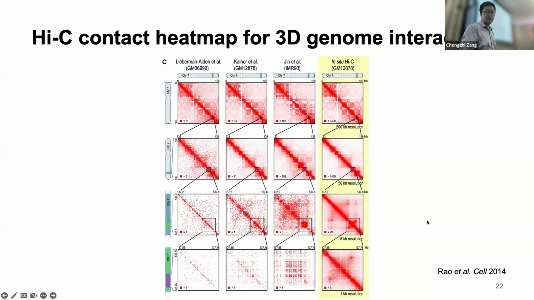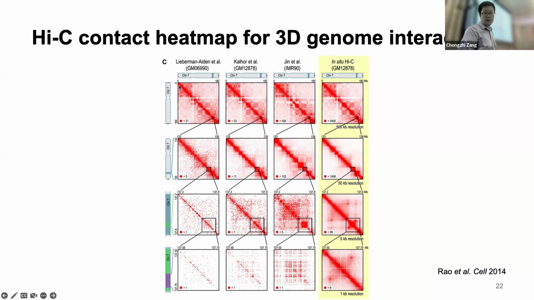The most common way of visualizing Hi-C or 3D genome interaction is a data representation called a contact map. This one is from a famous Hi-C paper 10 years ago.